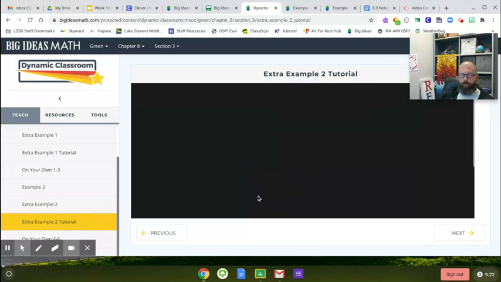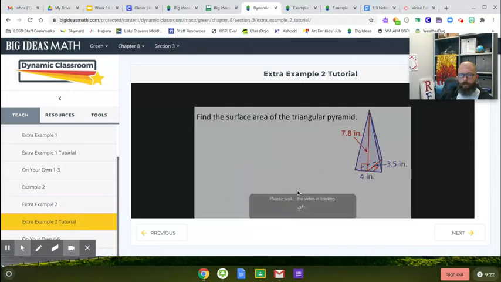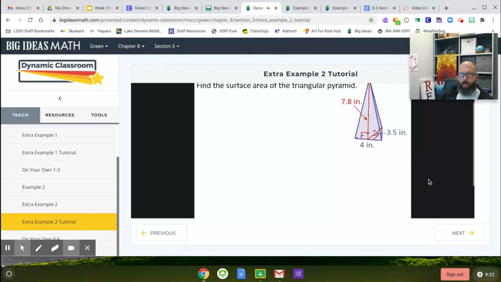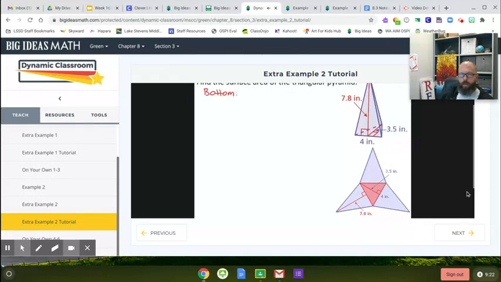The bottom is a triangle, and the area of a triangle is 1/2 base times height. You can see from the net that the base of the bottom is 4, and the height of the bottom is 3 5/10. So the area is 1/2 times 4 times 3 5/10, which equals 2 times 3 5/10, or 7. The sides are also triangles, so the area of a side is also 1/2 base times height.